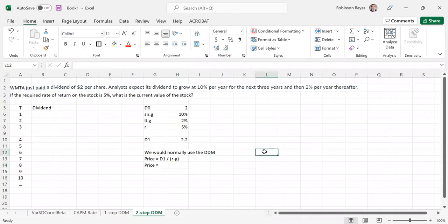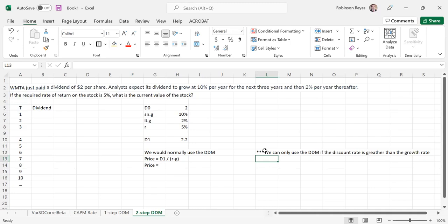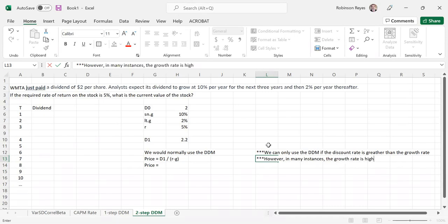Now let's keep in mind we can only use the dividend discount model if the discount rate is greater than the growth rate. In many instances, the growth rate can be higher. Let's think about Tesla, for example.